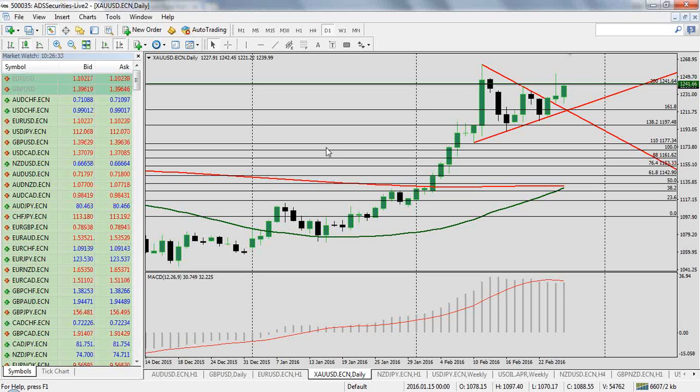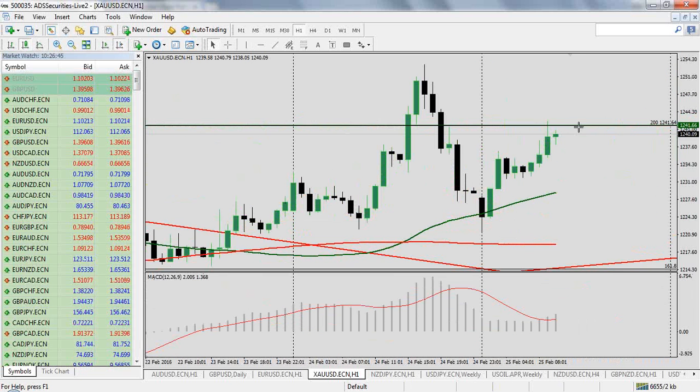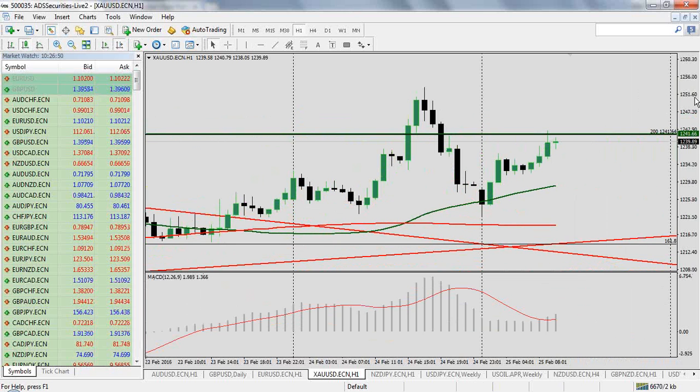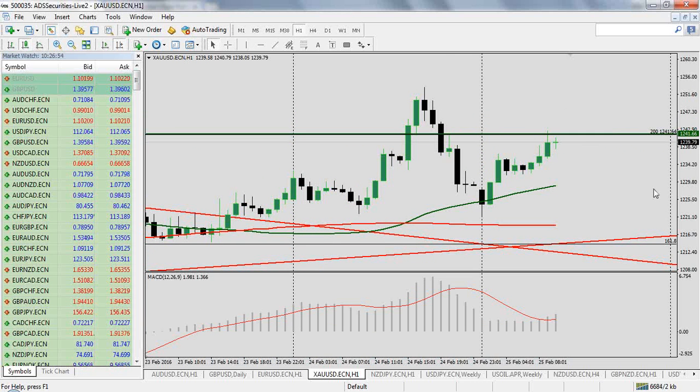So for today, I would avoid going long on gold and look for possible short opportunities. And short opportunities that I'm talking about will remain at the level of 1240 level and 1251 level, which you need to look for carefully.